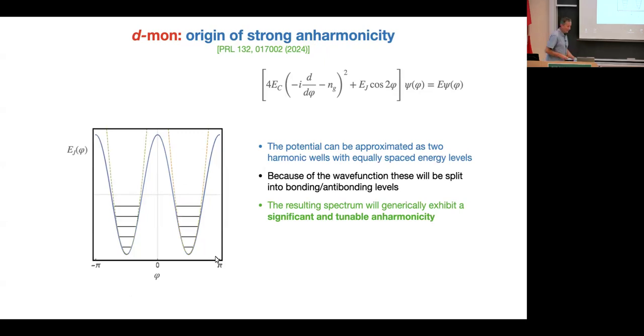Okay. But now, if I look at the ground state wave function, it will have some extent. And two ground state wave functions will have a small overlap. And you know how you treat them. You can treat them in perturbation theory. This overlap will result in a small splitting. So the level spacing will look something like this for this cosine 2 phi.